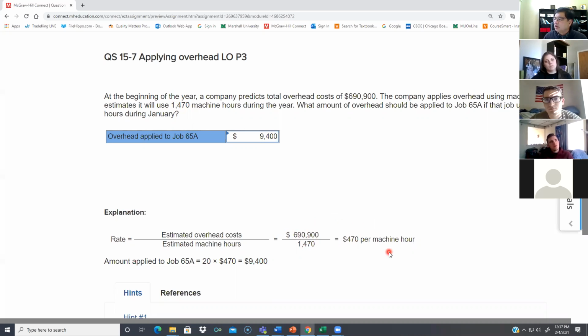So instead of per item, it just gives you the per machine hour, per labor hour, or any of that. Basically, in this case, what we are saying is these overheads are varying more with the machine hours being used. Does everyone understand this $470 per machine hour, please?